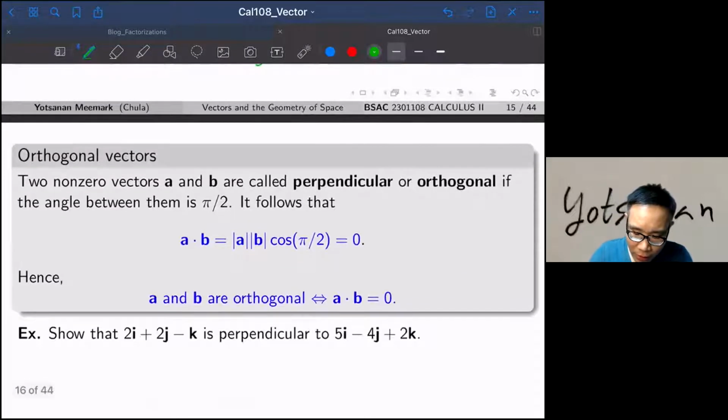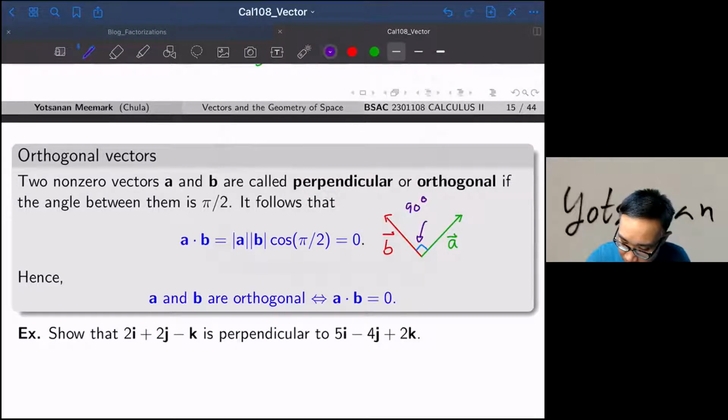It means you have two vectors in this way: you have A, and you have B. Perpendicular means the angle between them is 90 degrees, or pi over 2, so there is a right angle here.